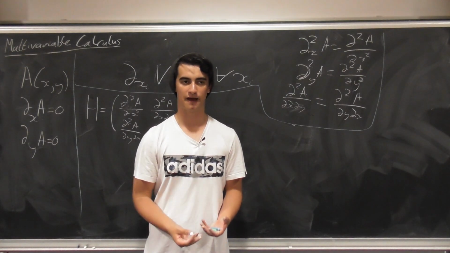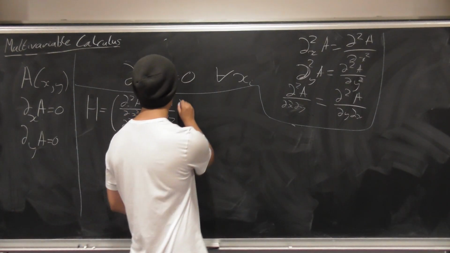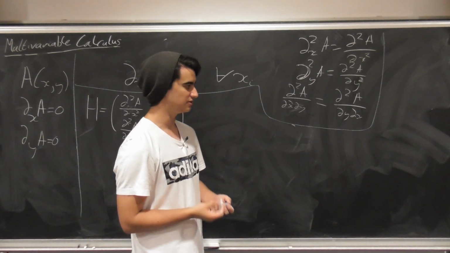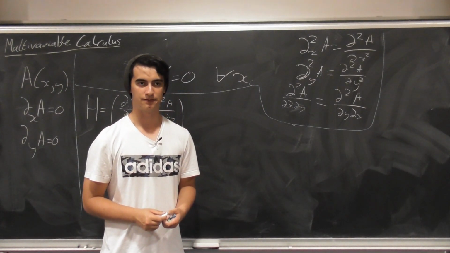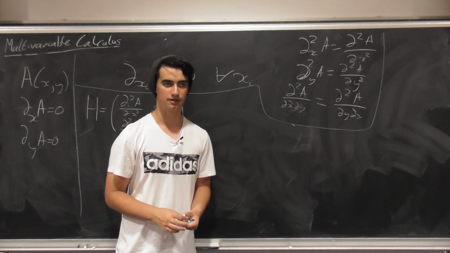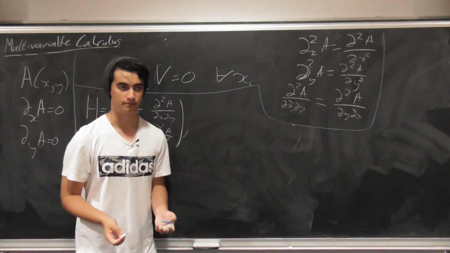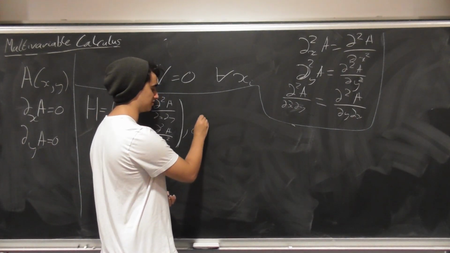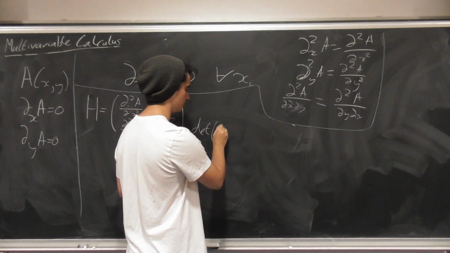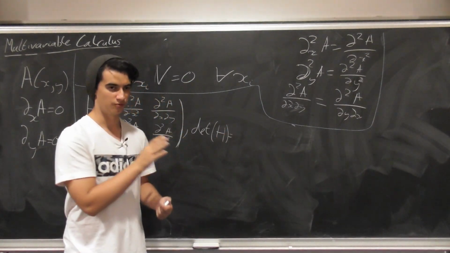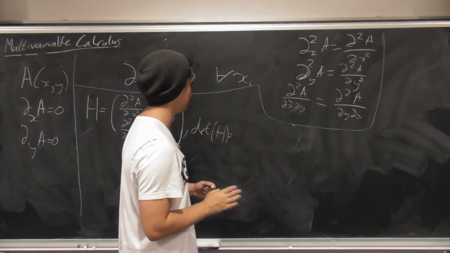Okay, so now that we have our Hessian matrix defined, we can do some operations with it. Now, these operations don't really need to mean anything to you. They shouldn't mean anything to you in fact, but they will eventually, and they are quite important. So the first one we'll have is the determinant of a matrix, of the Hessian matrix in particular. Now this is quite important, but we don't really need to understand what it really means now.